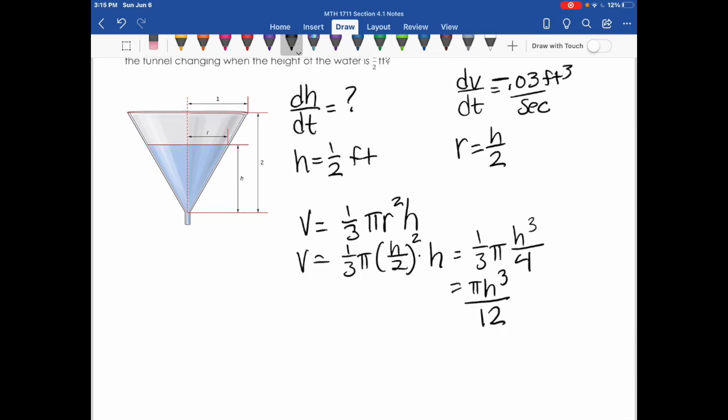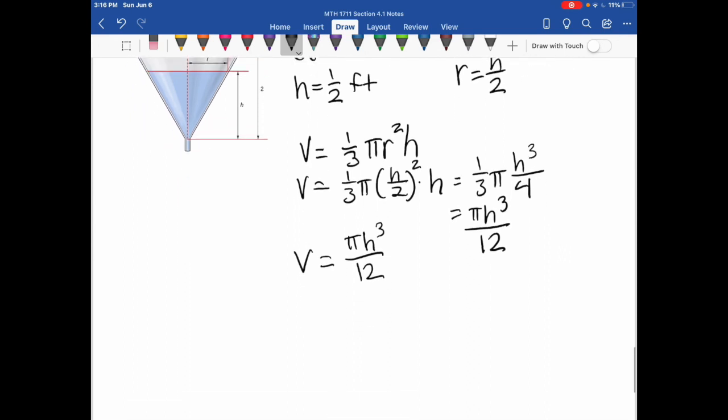So now we have a formula that involves volume and height, and we have the information for that. So let's go ahead and take the derivative. Actually, let me write this out a little bit better first. We found that the volume is π h to the 3rd over 12 with a little bit of manipulation.